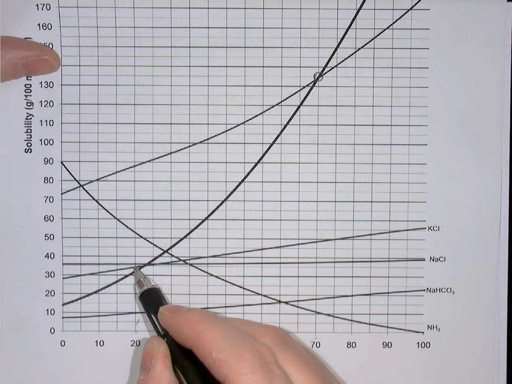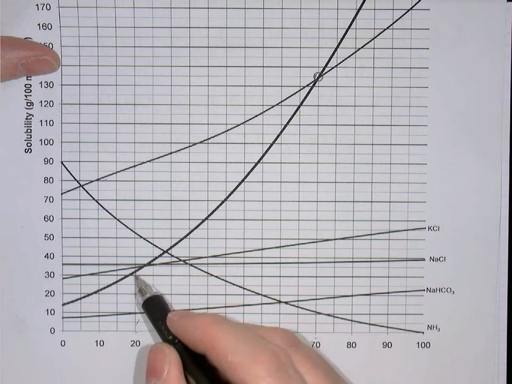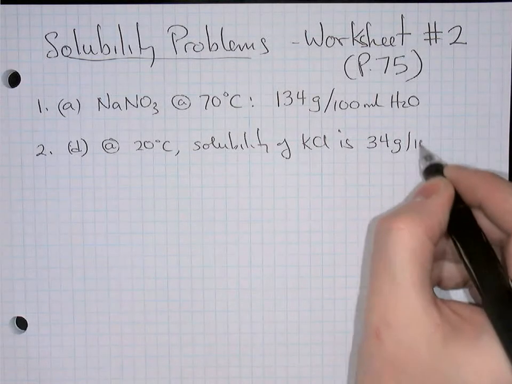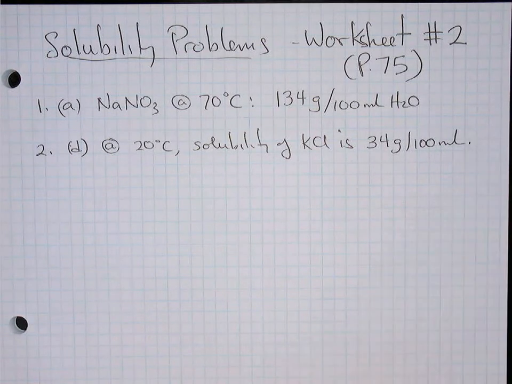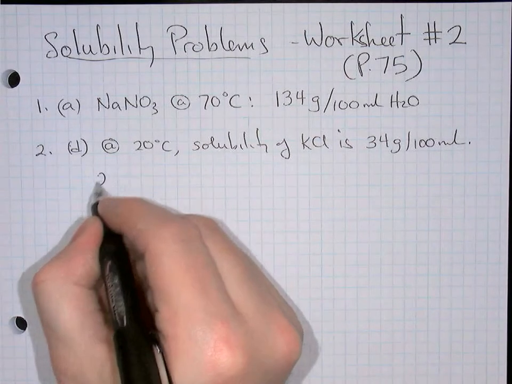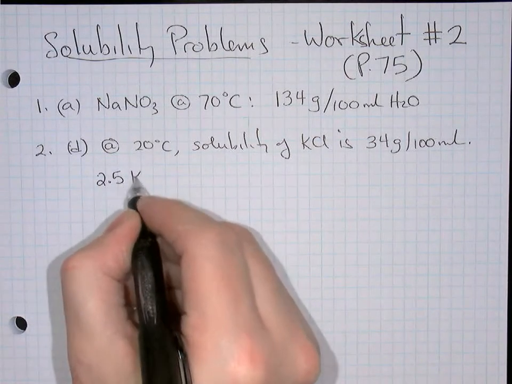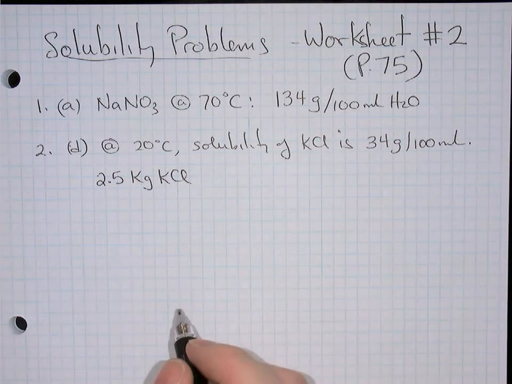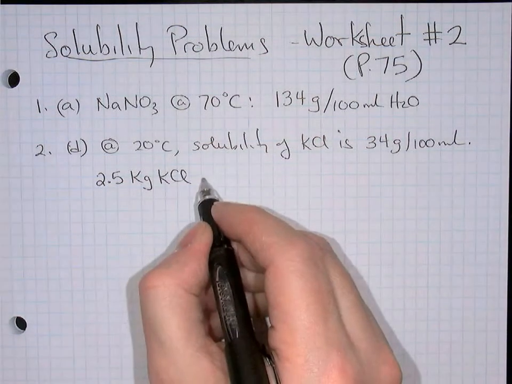It's between 30 and 35, and it's closer to 35, so I'll say it's 34 grams per 100 milliliters. Now we had 2.5 kilograms of KCl, and we want to know how much water to use to dissolve that.